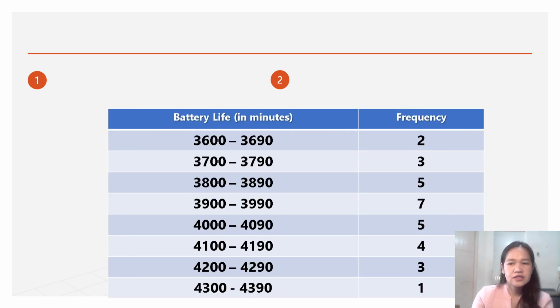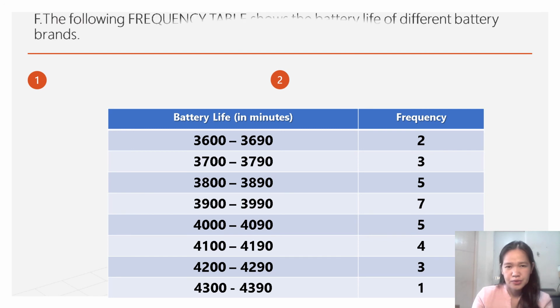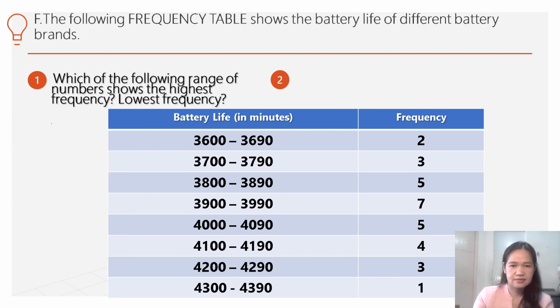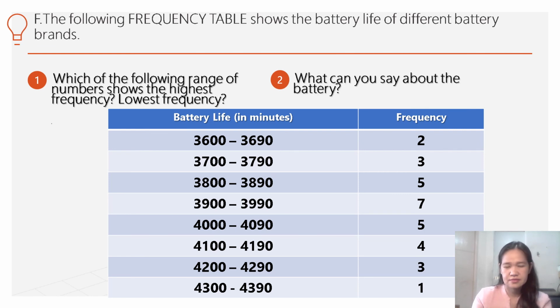Now you are ready to have your assessment. The following frequency table shows the battery life of different battery brands. Which of the following ranges of numbers shows the highest frequency and the lowest frequency? What can you say about the battery?